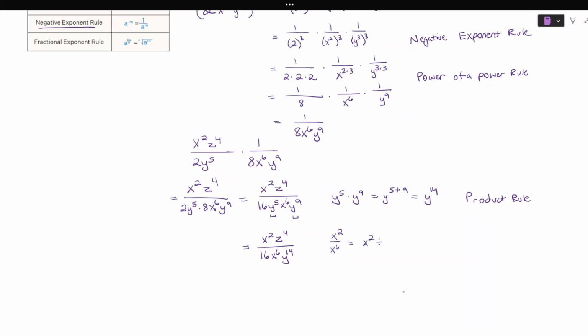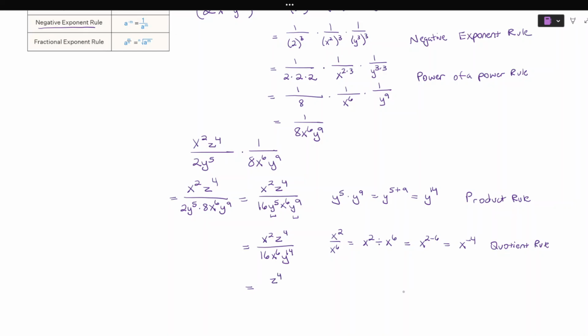And now since I have two x terms, one in the numerator, one in the denominator, I can apply the quotient rule. So I have x squared over x to the 6th. So I'm dividing the two. So that means I'm going to subtract the exponents. So this becomes, since it's negative, we're going to put it in the denominator.